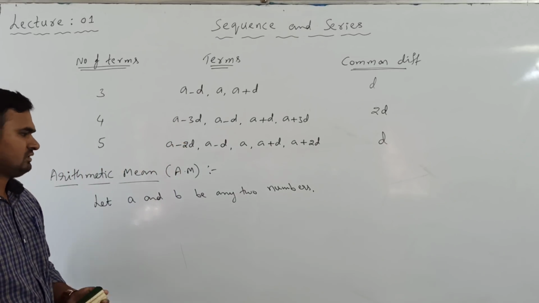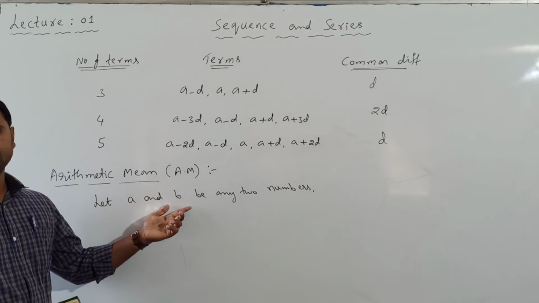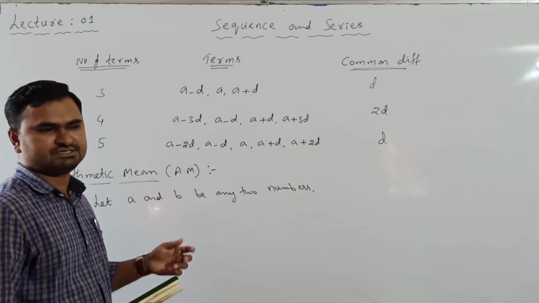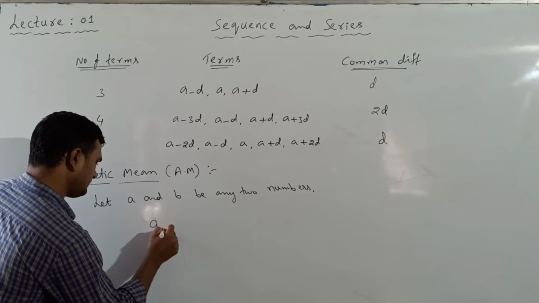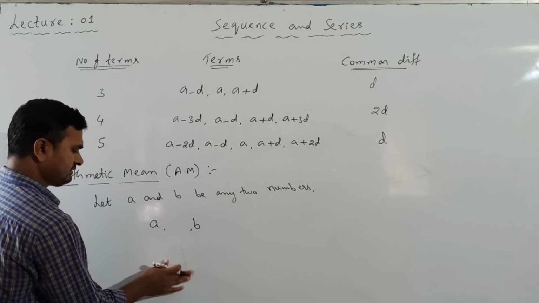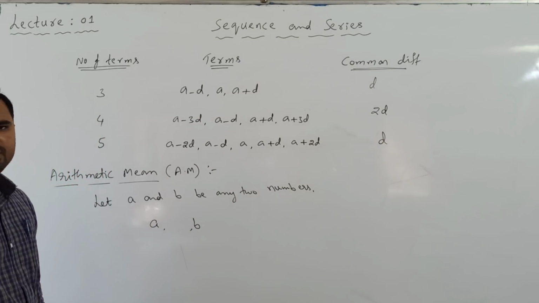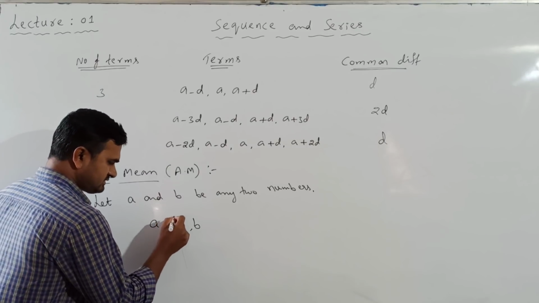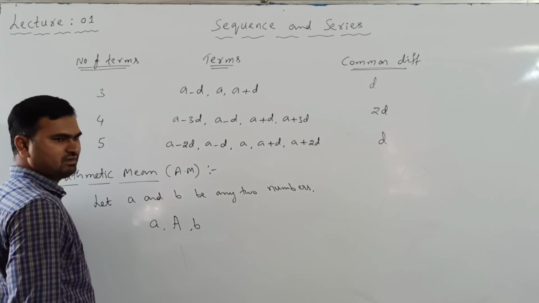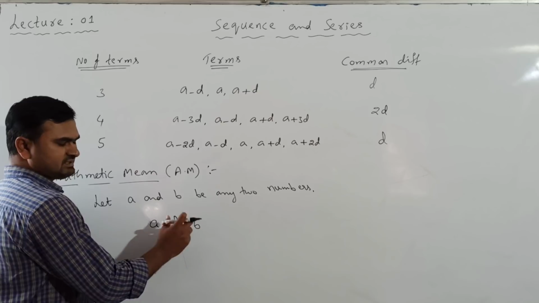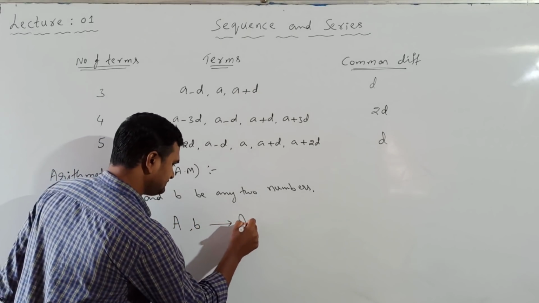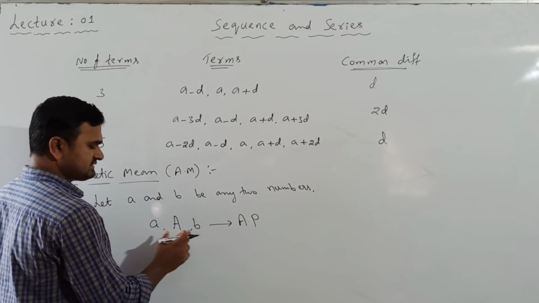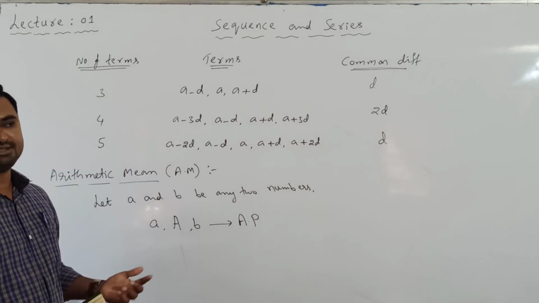In between these two given numbers A and B, we insert one more number. Suppose we take it as capital A, and the resulting sequence forms an arithmetic progression.